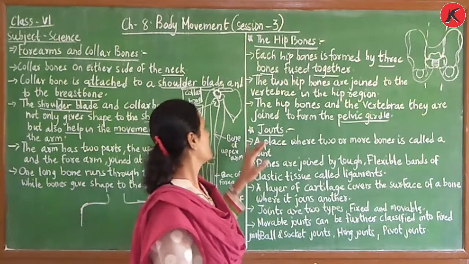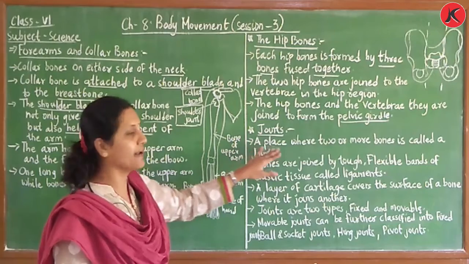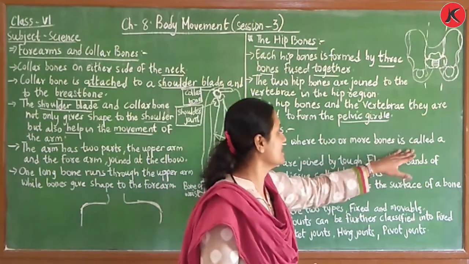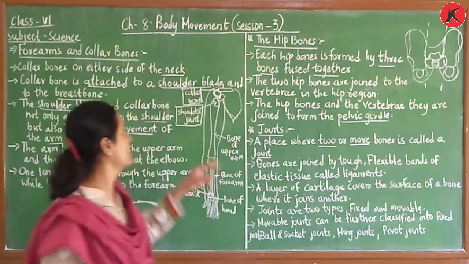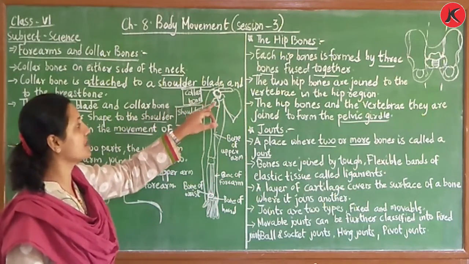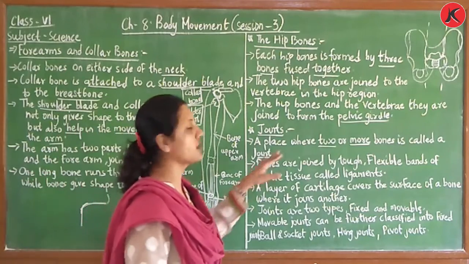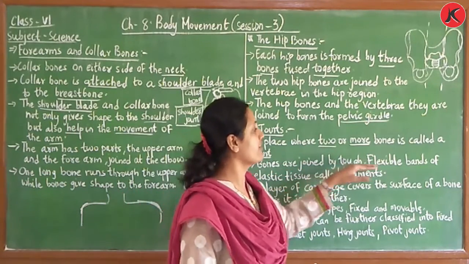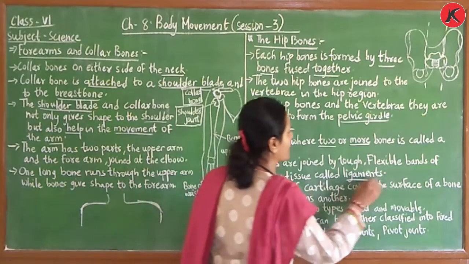Right children? Next we will discuss joints. A place where 2 or more bones meet is called a joint. Here you can see in the picture there are 2-3 bones joining together, right? And they allow movement. Bones are joined by tough, flexible bands of elastic tissue called ligaments.